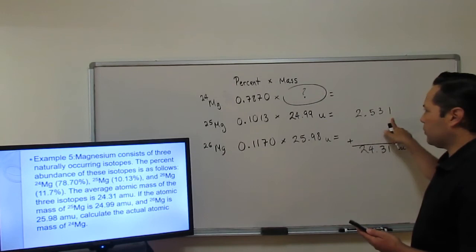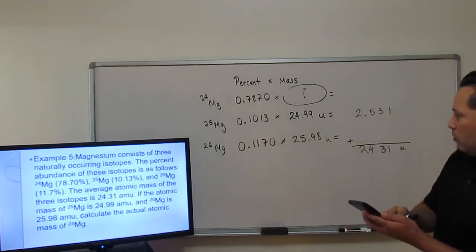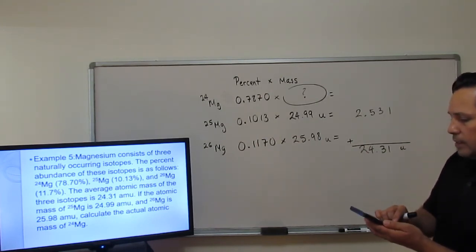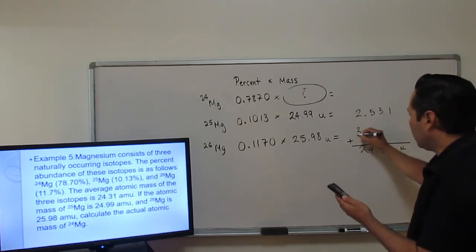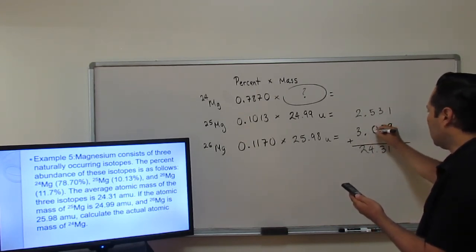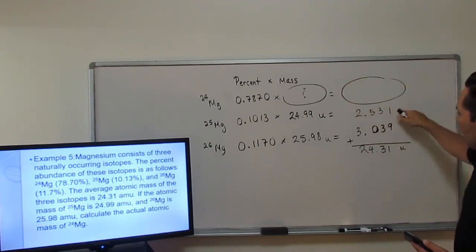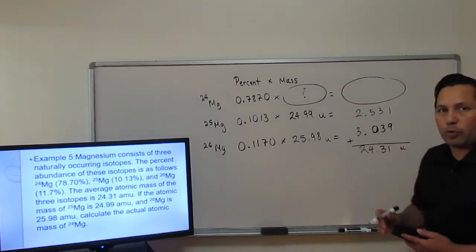I'm going to round it off to 4 digits. 0.117 times 25.98 gives me 3.039. So this number plus that one plus the magnesium 24 part gives me 24.31.